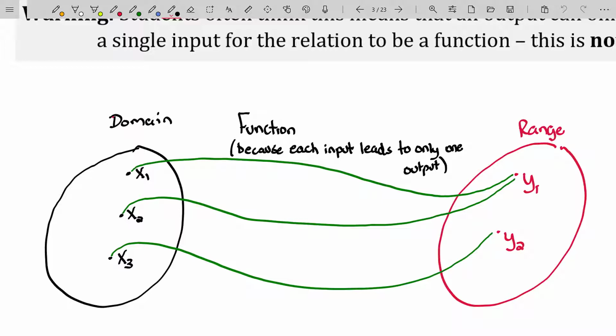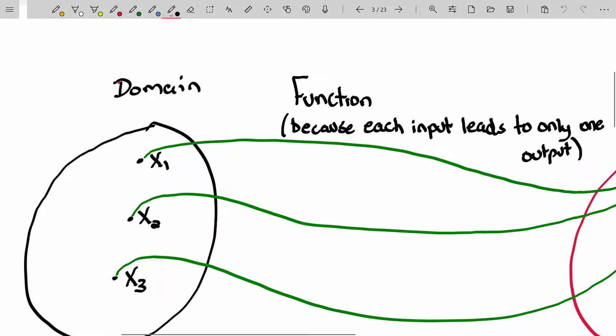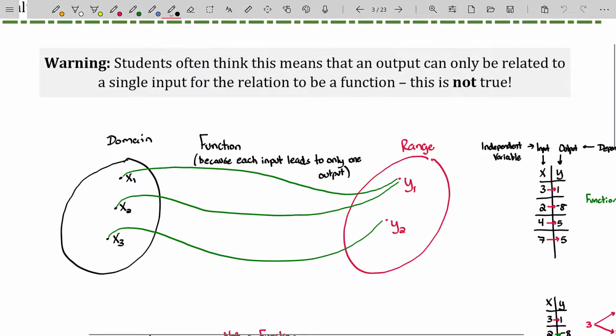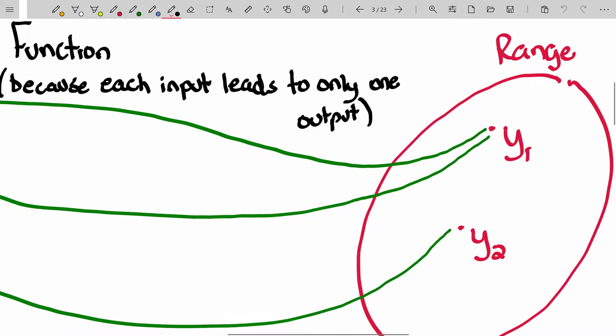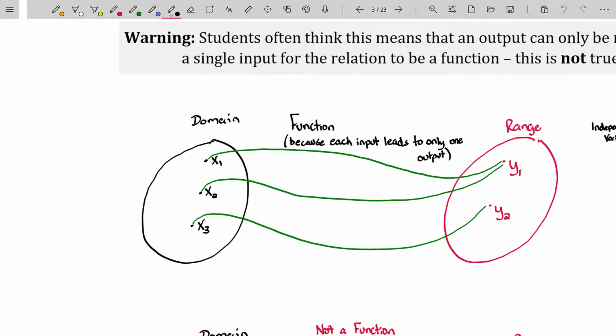Now compare this to our discussion earlier in a previous video about what makes something a function. A function is that each input leads to a single output, but it is not necessary for each output to be born of a single input. So in this case, you're seeing that y1 maps backwards to x1 and x2, but it's still a function because x1 only goes to y1, and x2 only goes to y1, and x3 only goes to y2.